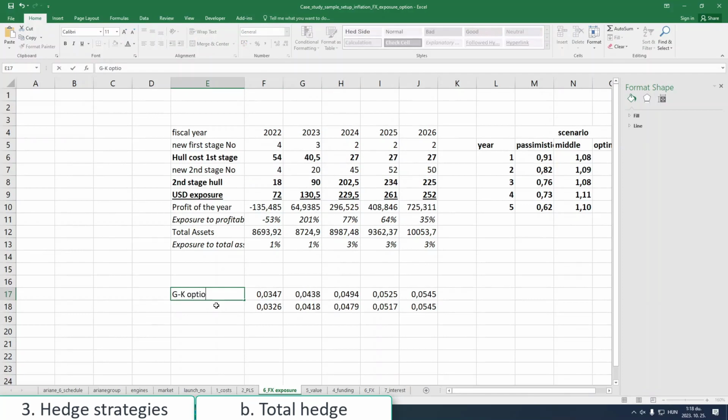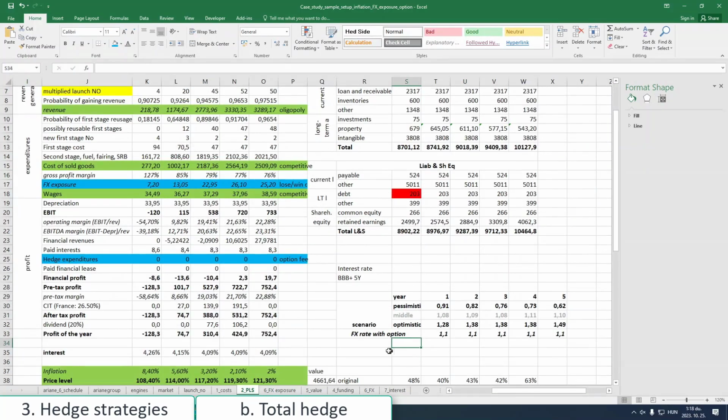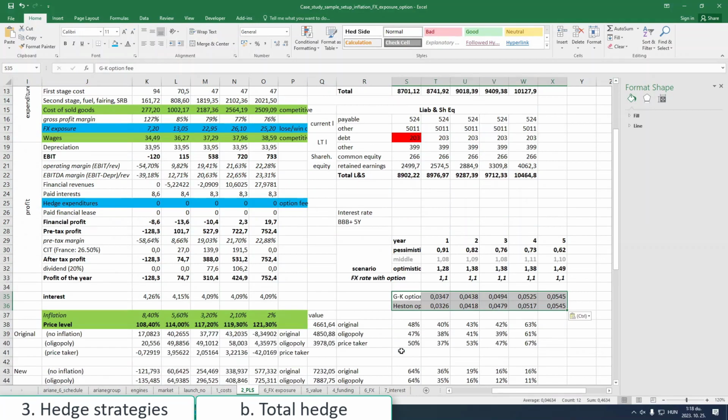Garman-Kohlhagen option fee, Heston option fee. And now we can just say that. Let's copy them, not here, here. Let's locate it in the middle.